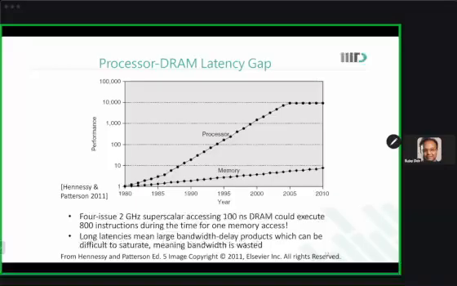So this diagram, again, is from the standard Hennessy-Patterson book of computer architecture. It shows how processor speed and memory have changed. So memory has not become as fast as we wanted compared to the processor. This is a logarithmic scale.